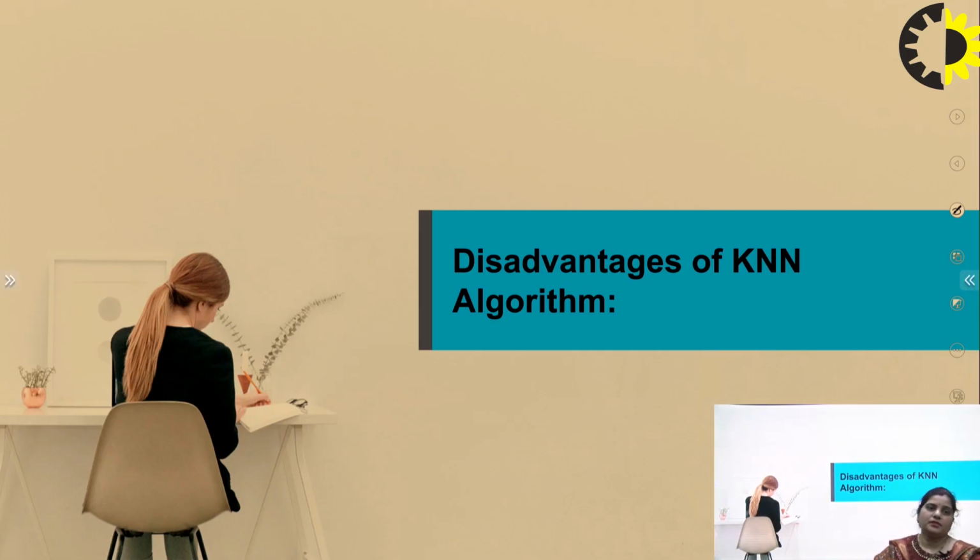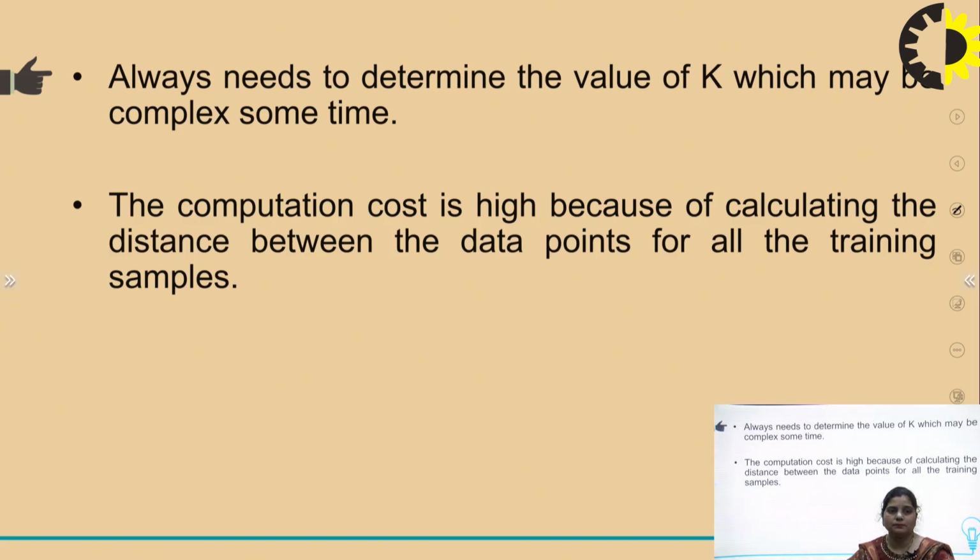Now, there are some disadvantages of the KNN algorithm also. The main disadvantage is that we always need to determine the value of k, which may sometimes be complex, because identifying the best or perfect value for k can be difficult.